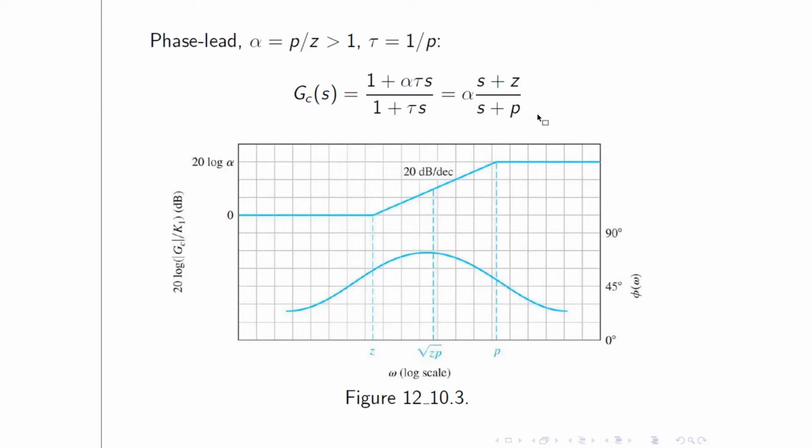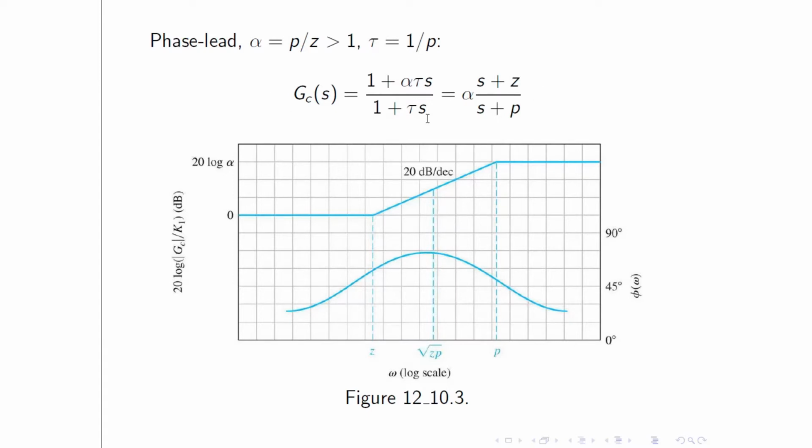The only requirement to classify a compensator as a phase lead compensator is that you should have a pole in the compensator that is larger in magnitude than the zero. Of course, it should have the general form of a zero and a pole multiplied by a gain.